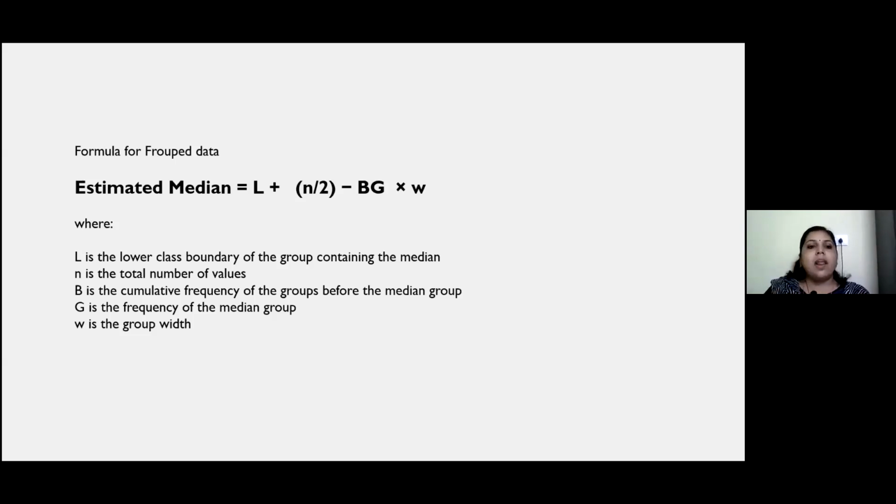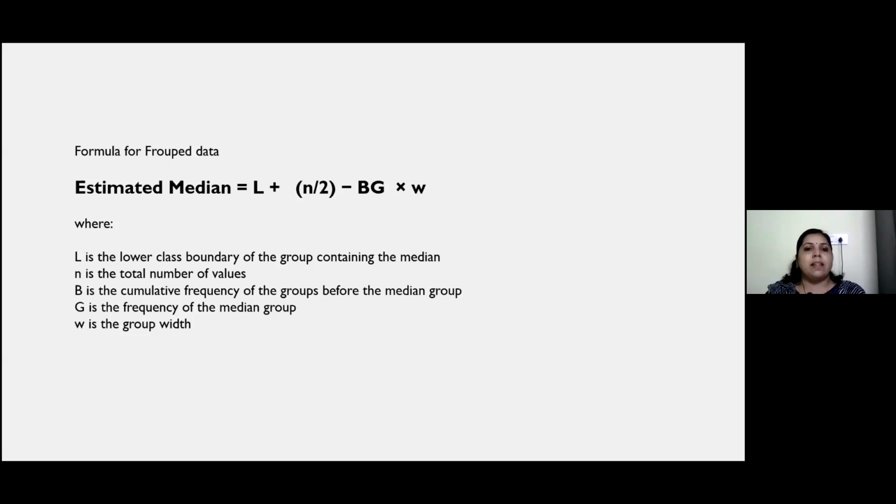Small n is the total number of values. B is the cumulative frequency of the groups before the median group. When we read frequencies, we say how many people got wages between 100 and 200, and between 200 to 300.